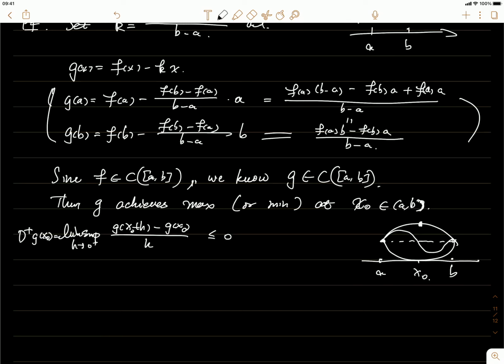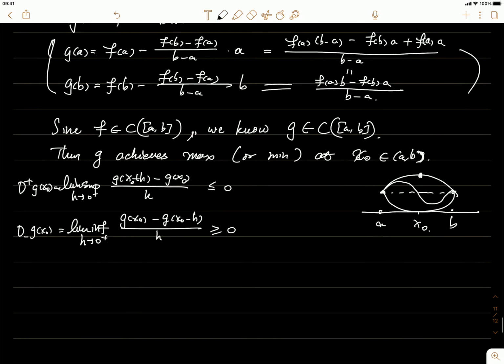Similarly, we can show that D minus g at x naught, which is equal to the lim inf as h goes to 0 of g of x0 minus g of x0 minus h over h, must be greater than or equal to 0. Because again, it doesn't matter what this one is, it must be less than or equal to this value. So it's always greater than or equal to 0.